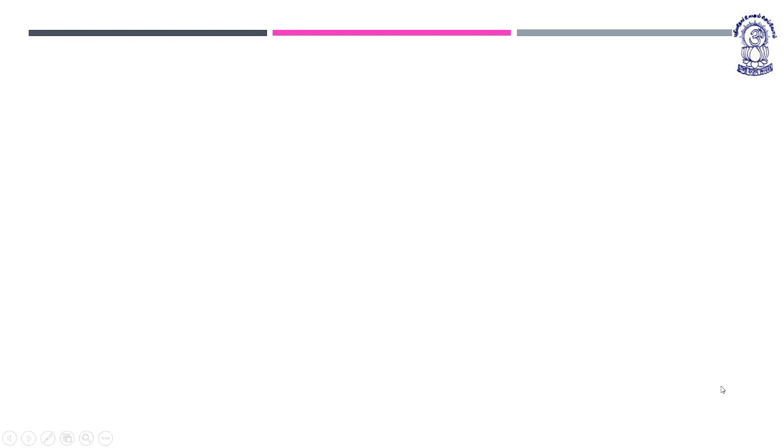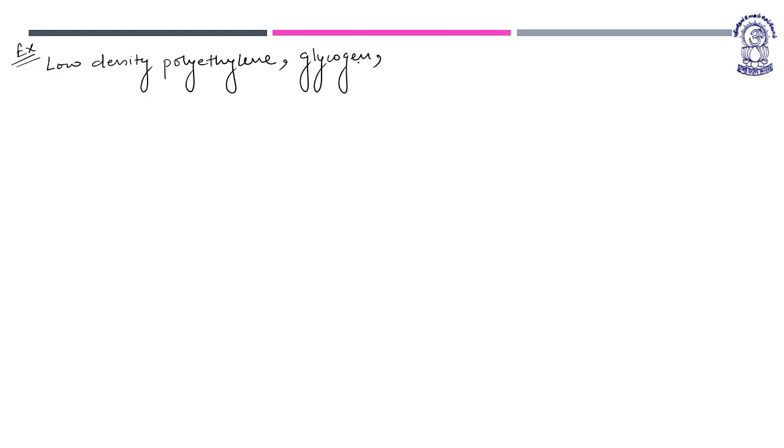Now, examples: low density polyethylene, glycogen, starch.